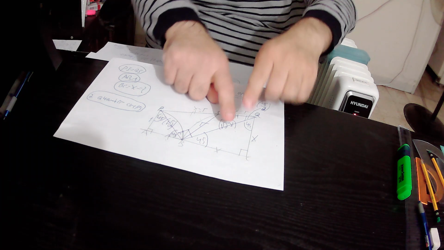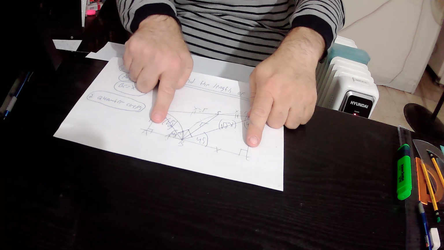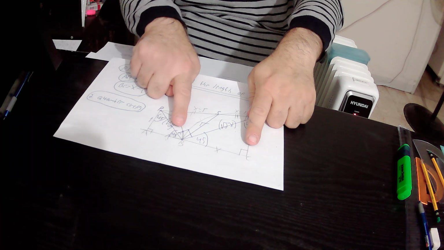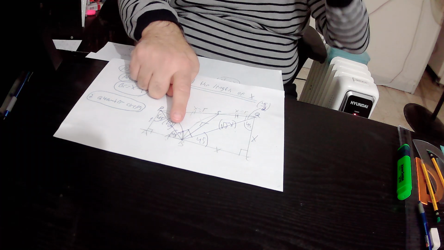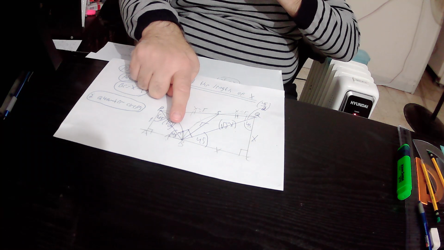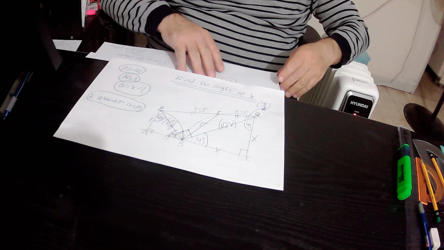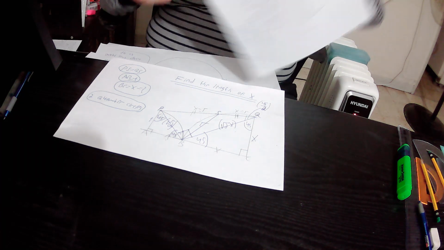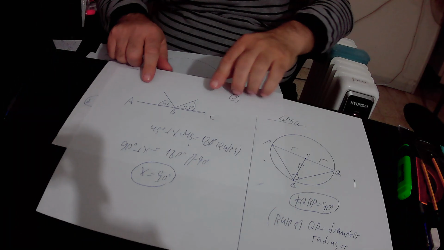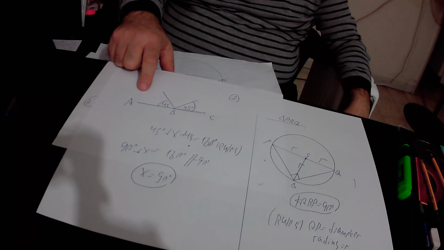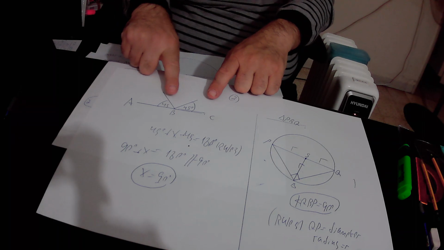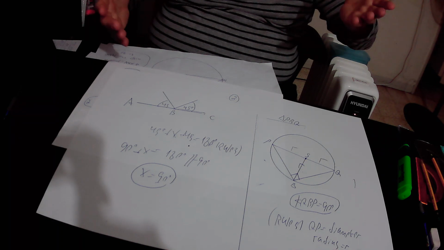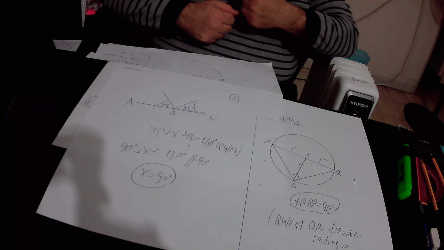So I copied the straight line AC with point B and its angles to a new page where we implement rule number 3. This is the straight line AC that I copied from the original drawing. So the sum of the angles on the upper side of the straight line AC at point B must be equal to 180 degrees according to rule number 3.